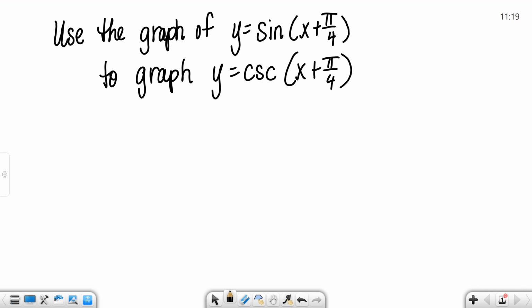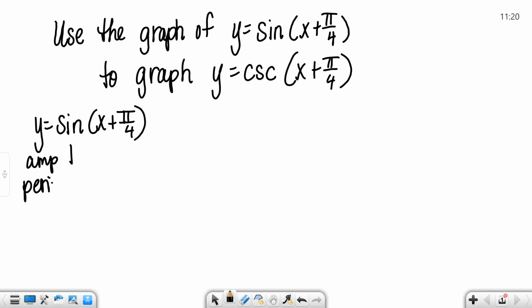Now, the reason you're asked to do that is that in order to graph cosecant, you must graph sine. So that's what we're going to do. We're going to graph the sine first, so we have to go through all of our steps for graphing sine. We know our amplitude is 1.